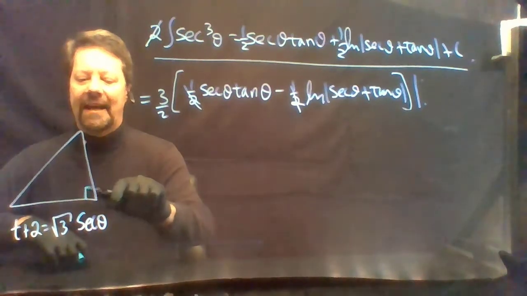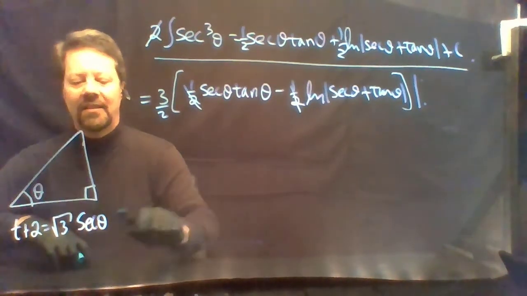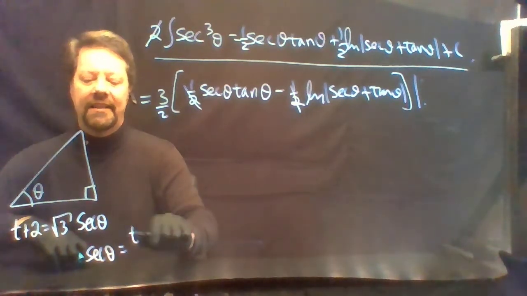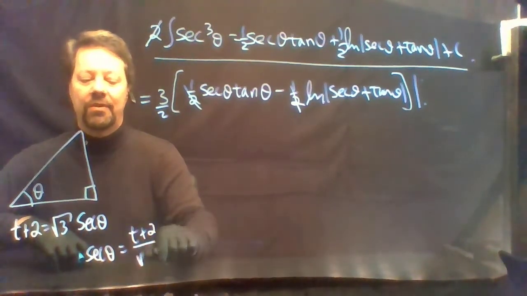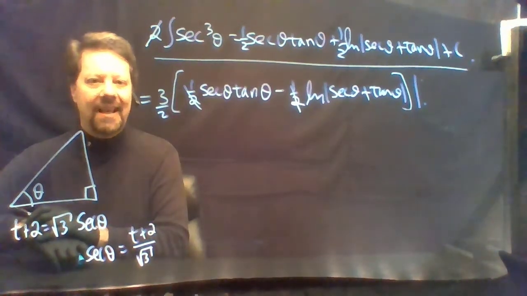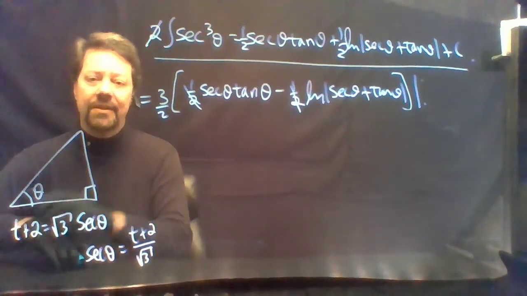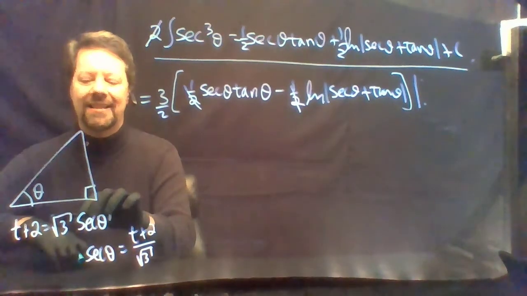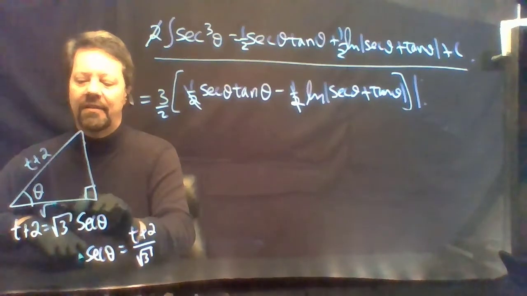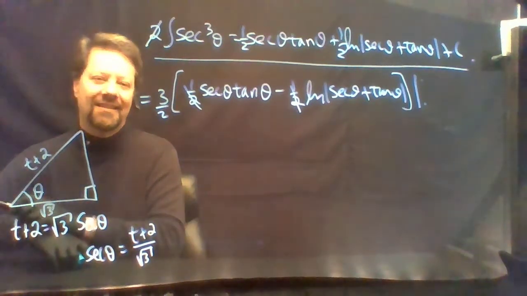In converting back, we need to use the fact that secant theta is t plus 2 over the square root of 3. Secant is the reciprocal of cosine, so it's hypotenuse over adjacent.